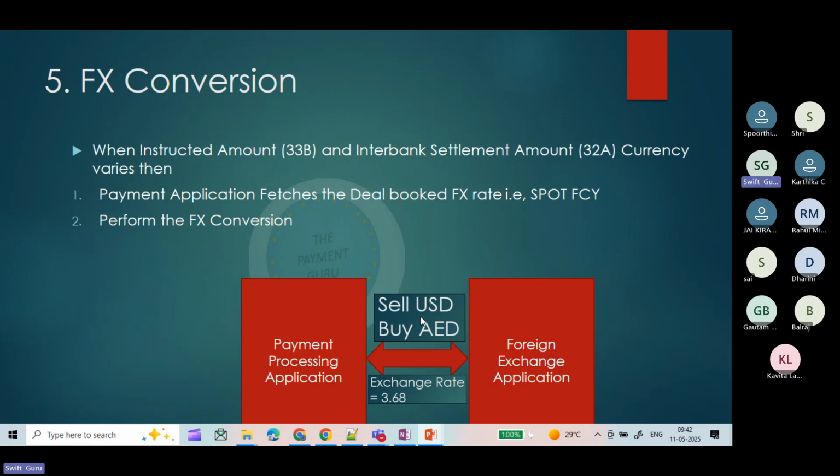In this example, I have shown a customer having an account in USD who wants to make a fund transfer. The payment currency amount is in AED. Basically, they are selling USD currency and buying AED currency, right? So for that, the exchange rate will be shown. The spot FCY rate will be shown, wherein you can see this kind of details.